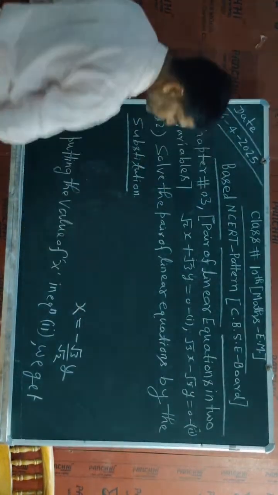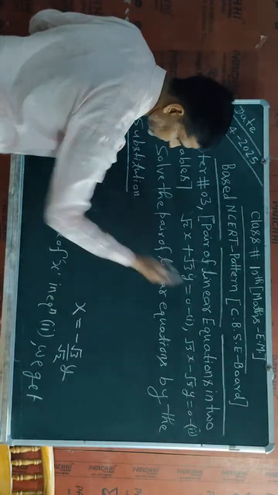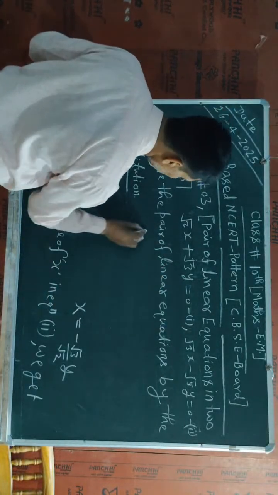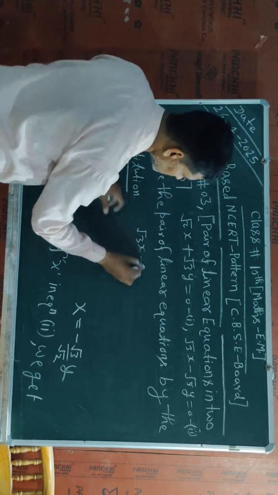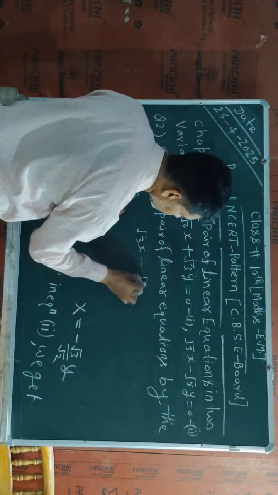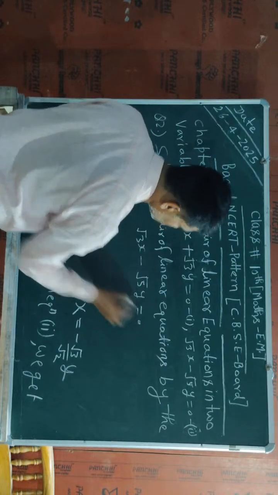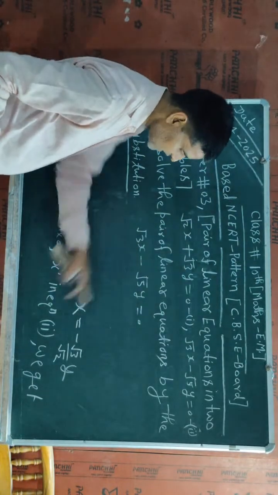Okay, students. Now the above data I am going to erase. I will put the value of x in equation 2. So in equation 2 I will write here root 3x minus root 5y which is equal to 0. In the place of x I will put this much.